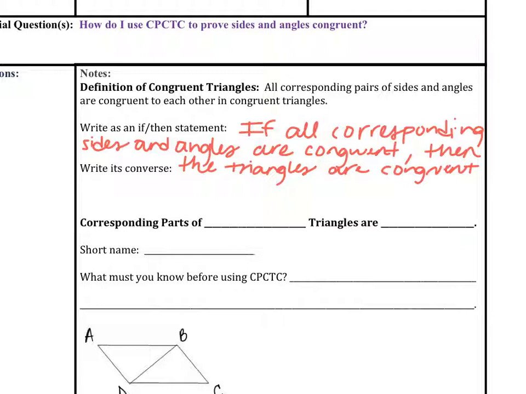So think back to last semester. We talked about converse. Could you please talk to the person next to you? What's the converse of that statement that we just did right there?